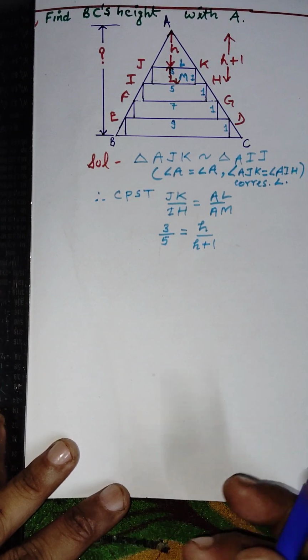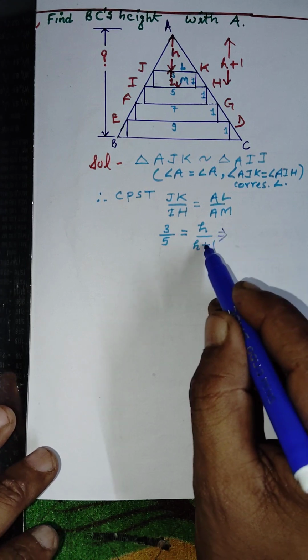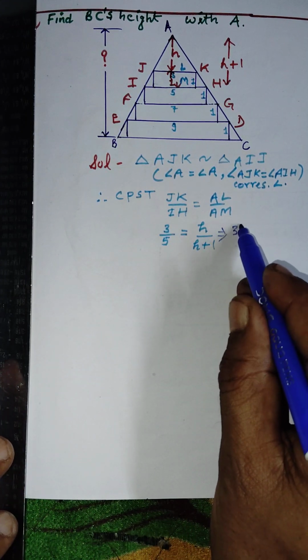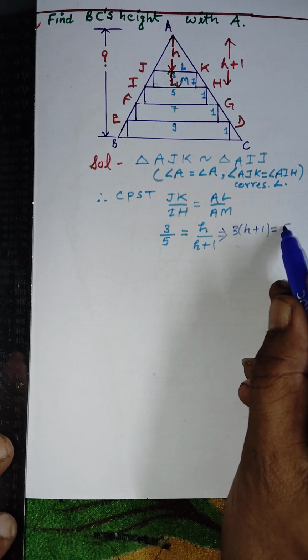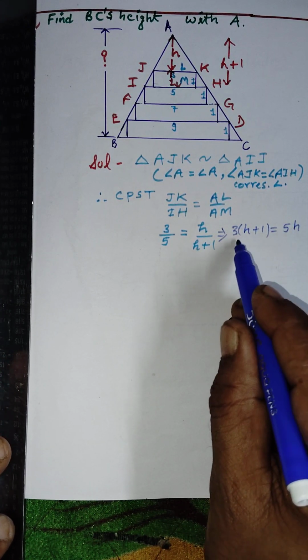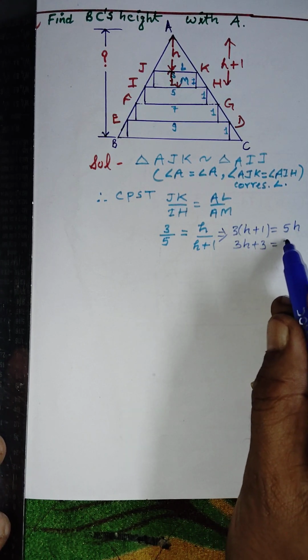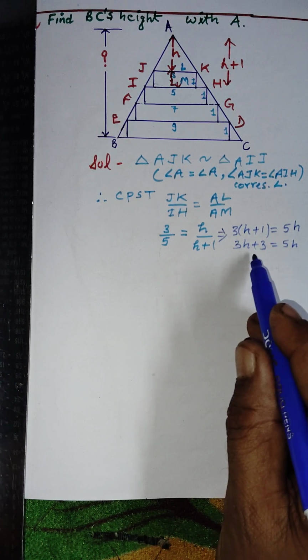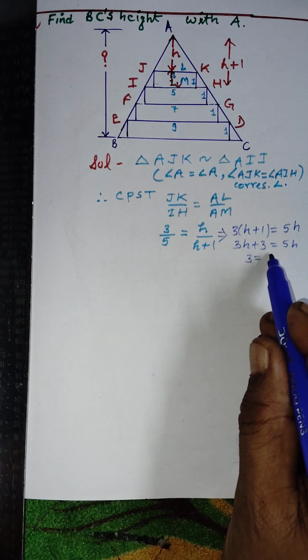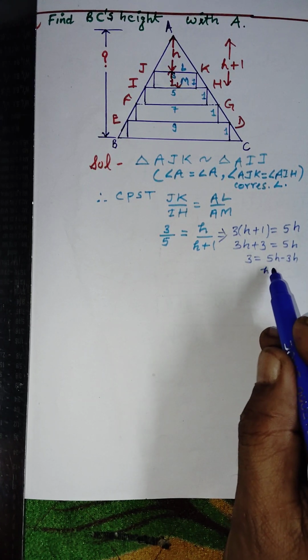Now calculating H by cross multiplying: 3 times H plus 1 equals 5H. So 3H plus 3 equals 5H. Transposing, 3 equals 5H minus 3H, so 2H equals 3.